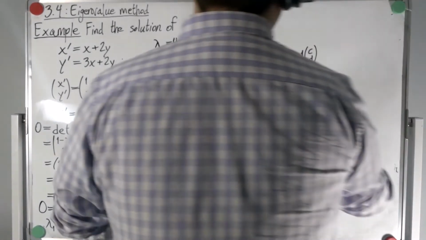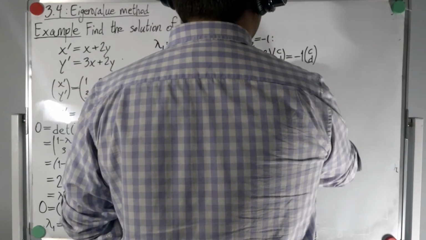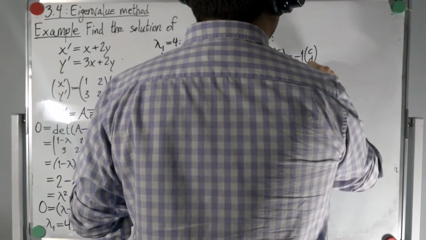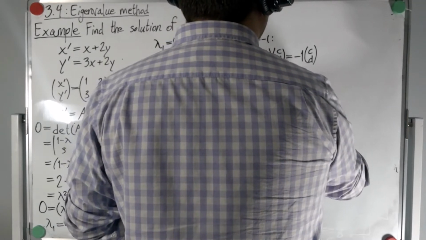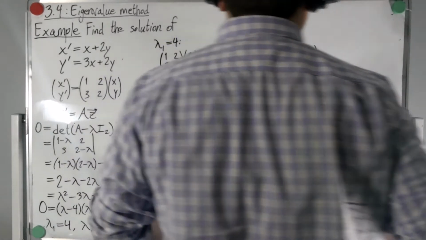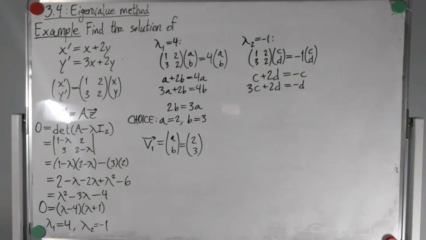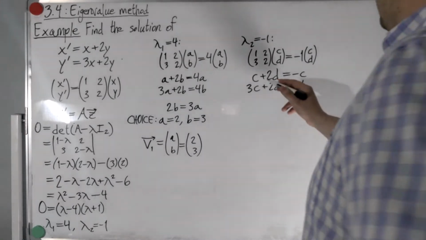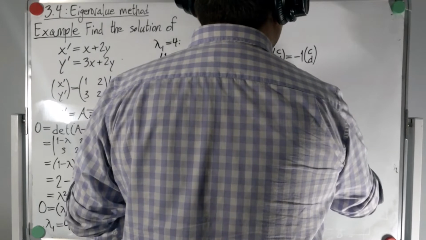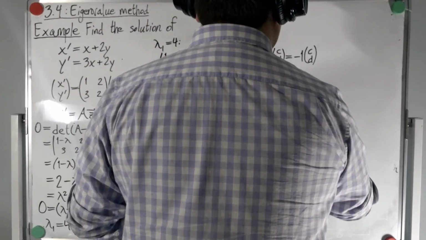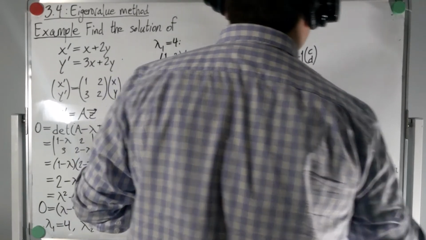Okay, multiply through, you get c plus 2d equals negative c, and 3c plus 2d equals negative d. So you subtract c from both sides of this first equation. What you'll get is 2d equals negative 2c, or in other words, c is negative d.